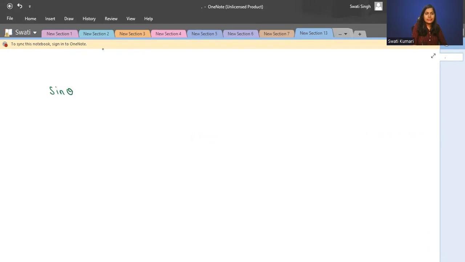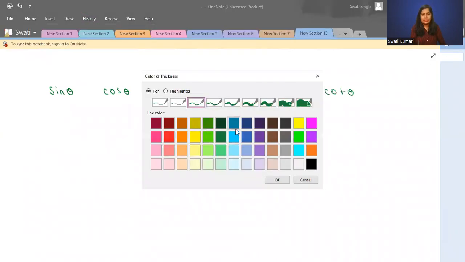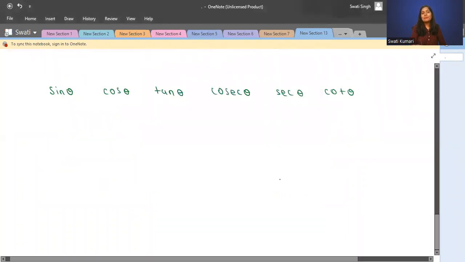that you know that sine theta, cos theta, tan theta, cosec theta, and then we have sec theta, and then we have cot theta, right? You know the formulas. I have already discussed that perpendicular, hypotenuse, base, right? So let us understand how we can remember this with a trick, which I had learned.